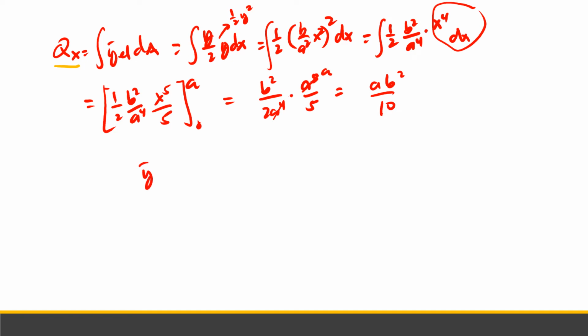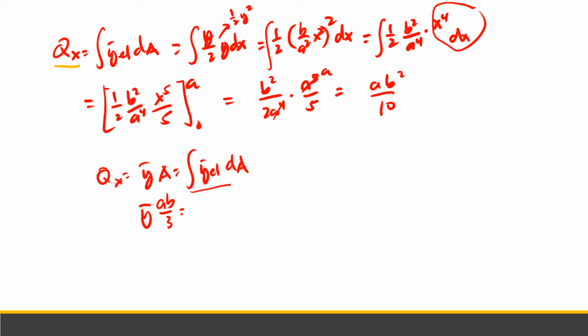So since y bar A is equals to the integral of y bar EL dA, so that is yung Qx natin. Okay, so y bar is equals to, then yung area natin, area is AB over 3. So y bar AB over 3.